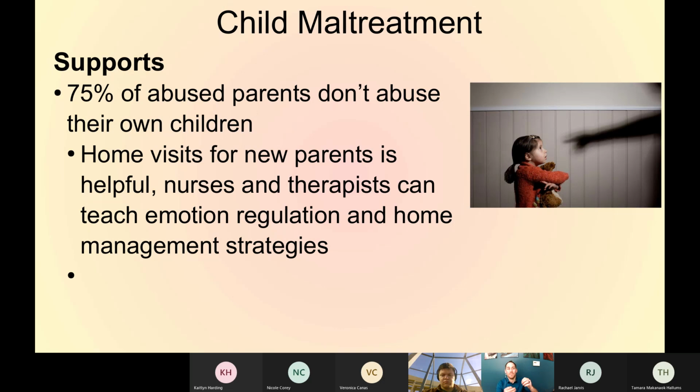So when they're parents, most of those people don't actually abuse their children. So 75% of people who are abused that grow up to be parents don't actually abuse their own children. And I think that's really positive. That definitely shows that even though it tends to be our default to fall back on the parenting that we experienced, it does show the plasticity of human development, that we don't always have to follow along with what we've learned or what we've experienced.